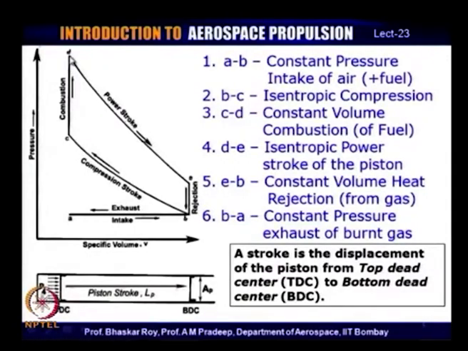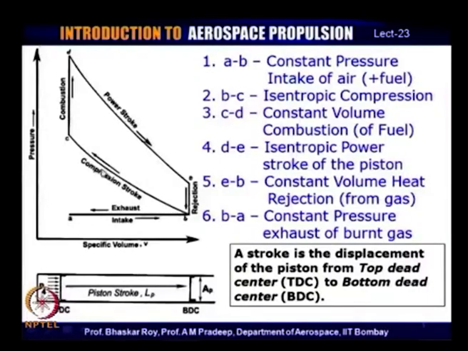At the end of the combustion, we have the power stroke or expansion, and thermodynamically this is again an isentropic process, which means the process undergoes no change in entropy, which essentially means that the process is adiabatic and no losses are occurring during this process.